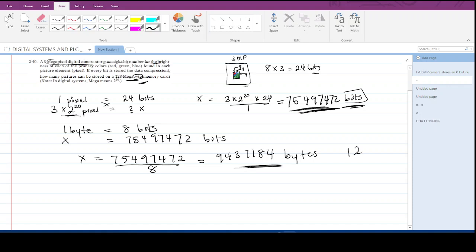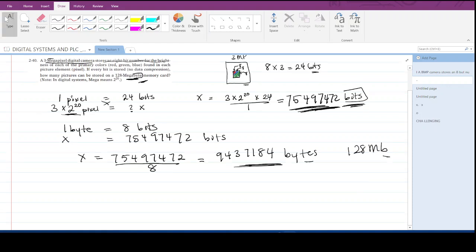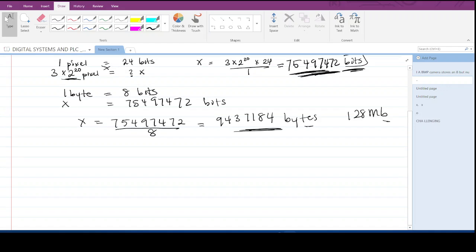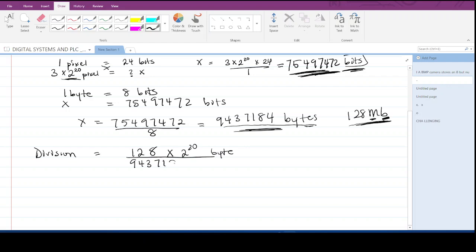Now I can work with my 128 megabytes because now they are both in bytes. I want to know how many of these bytes, which is one picture, can enter 128 MB. This sounds like a division problem to me. So I take 128, this mega represented by 2^20, and this is in bytes because of the B at the end, and divide by this, which is also in bytes.